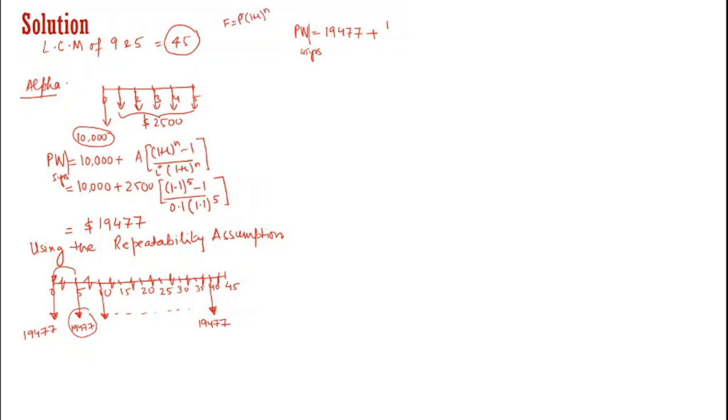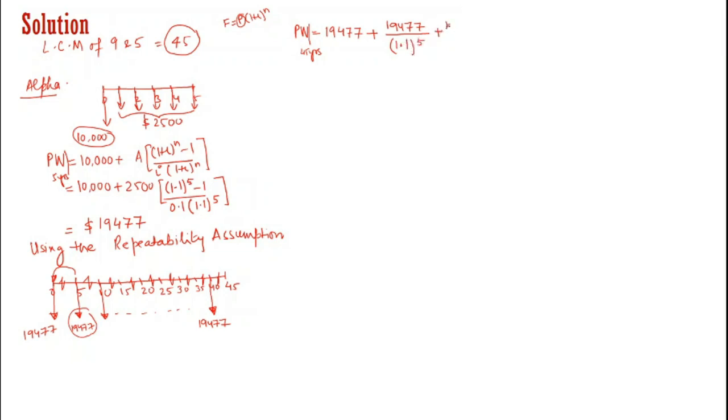F is given, we are interested in finding out P, so it will be 19477 over 1.1 to the power 5.